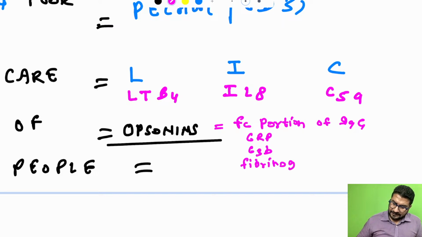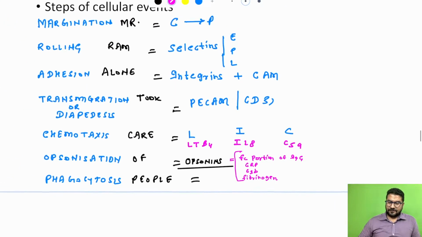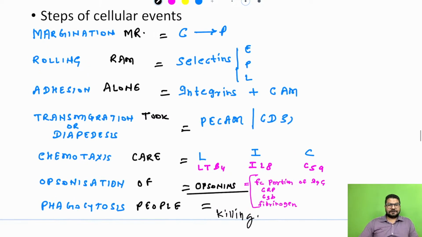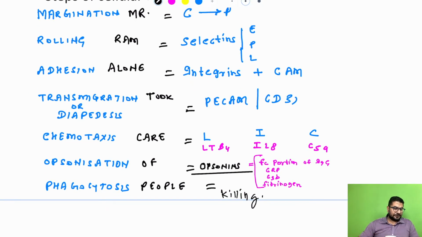So these are the four things which act as opsonins. And finally we have phagocytosis, that is killing and degradation. So look carefully again at this slide. This is very very important, one MCQ in the exam. They ask you one question in the exam from here. Done?